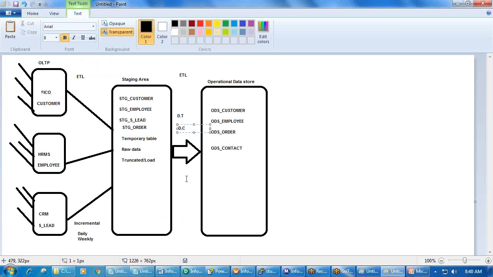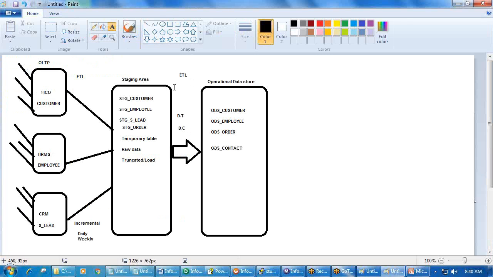That is called data cleansing. So when you are defining an ETL program here, we'll apply all the transformation techniques, cleansing techniques, and then load the data into your operational data store.